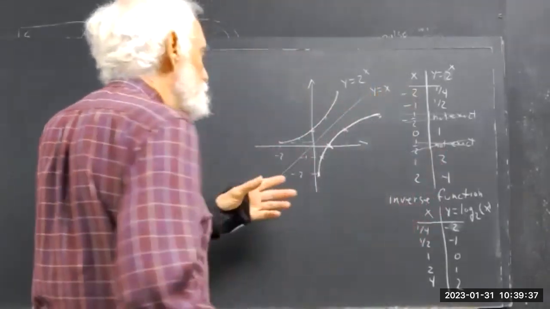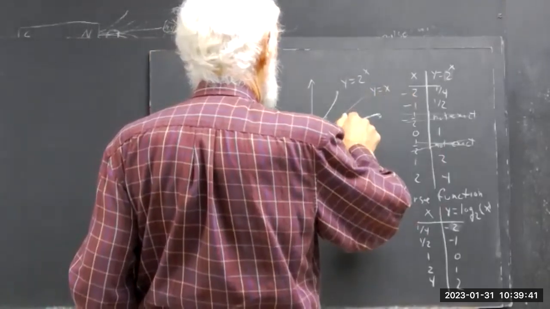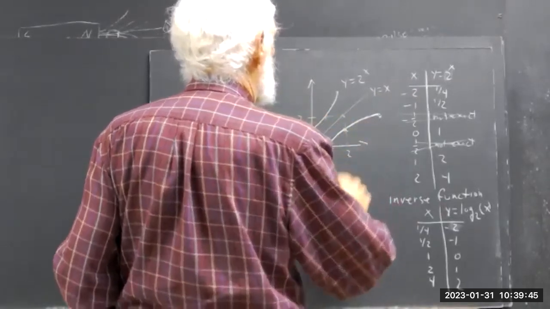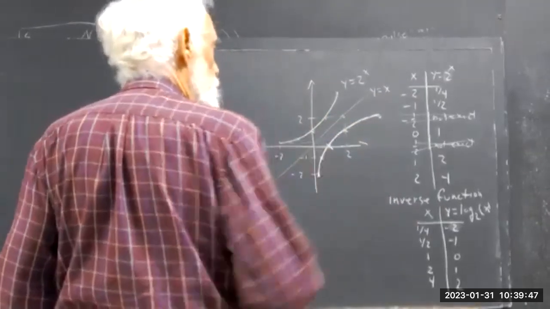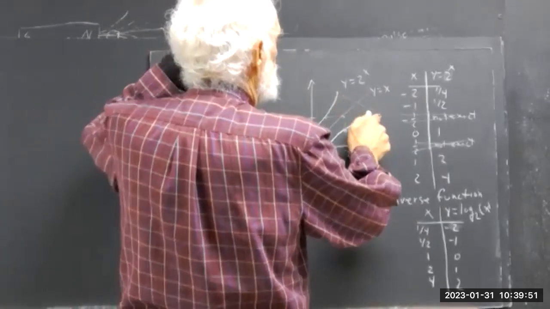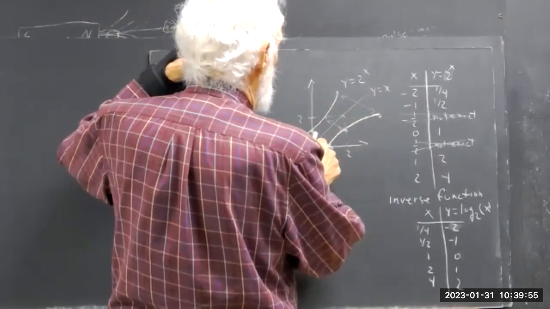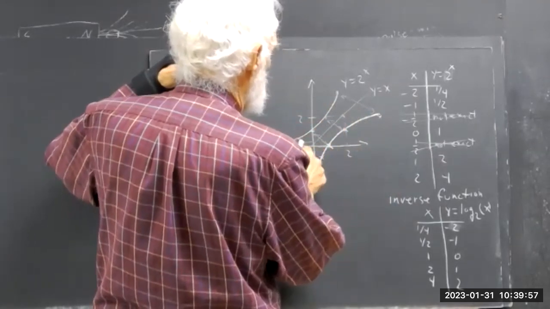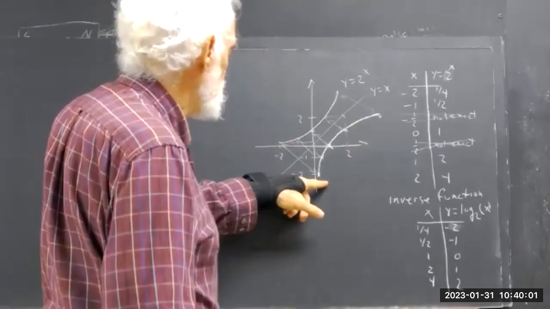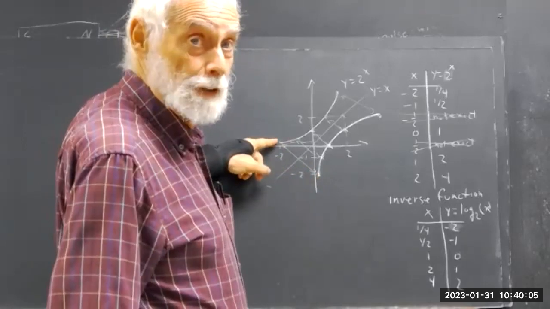That line goes through, for example, the point 2, 2, and the origin. And each of these points reflects across this line. If the graph is done accurately with equal x and y scales, each of these points will be as far on the other side of the line as this one was on this side.